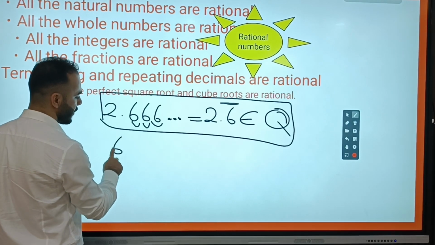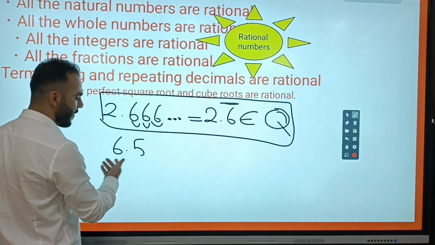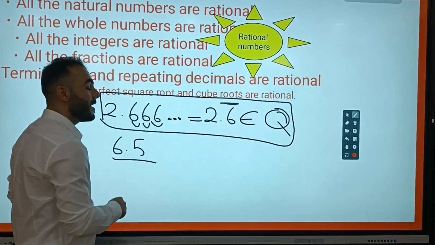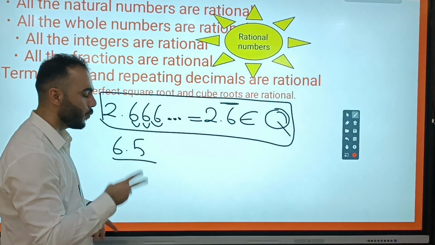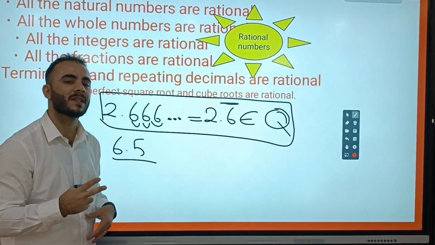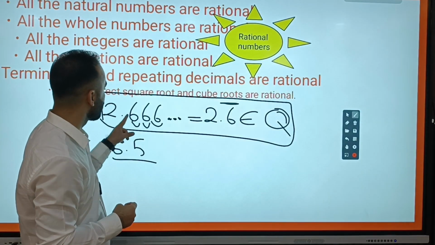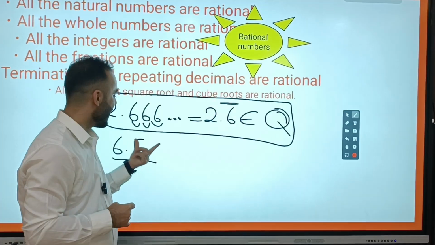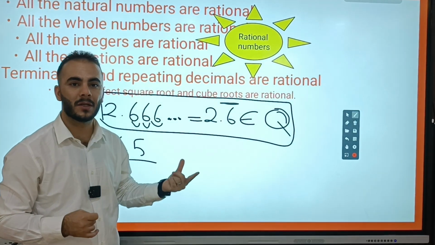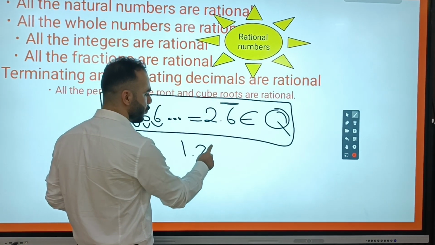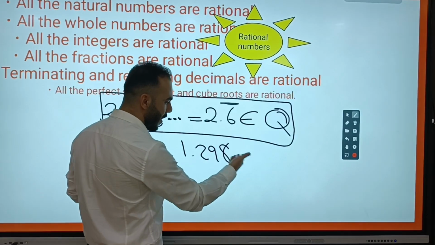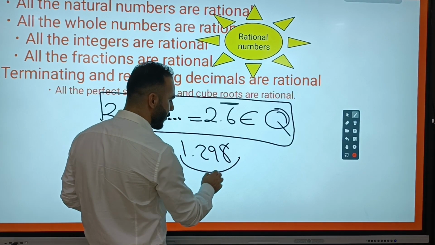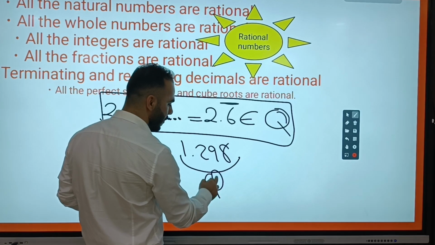For instance, 6.5. At 5, this decimal number has ended. Therefore, this is rational as well. So we have two types of decimals that are rational numbers. The first one is repeating, when the decimal part is repeating, and the second type is terminating decimal. For instance, 1.298. There is no other digit after this 8. Therefore, this kind of decimal number is going to be a rational number too.